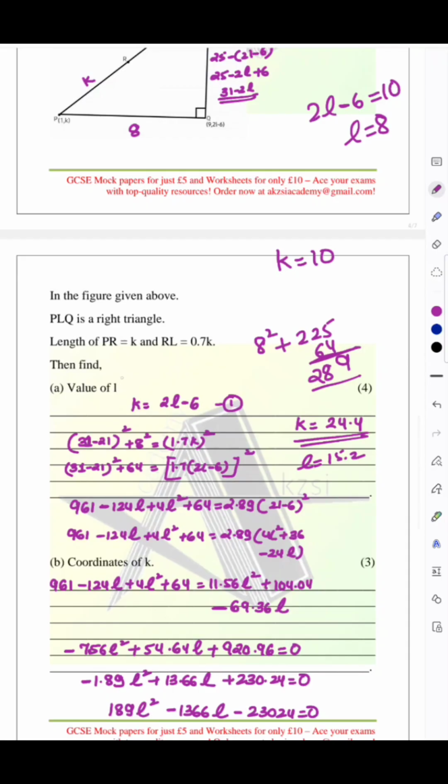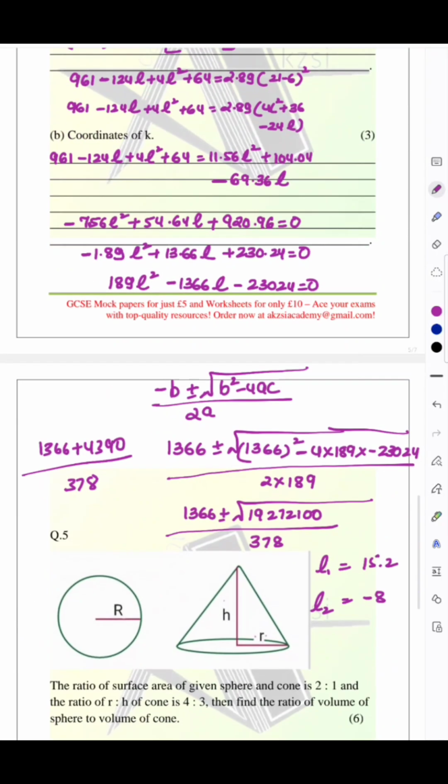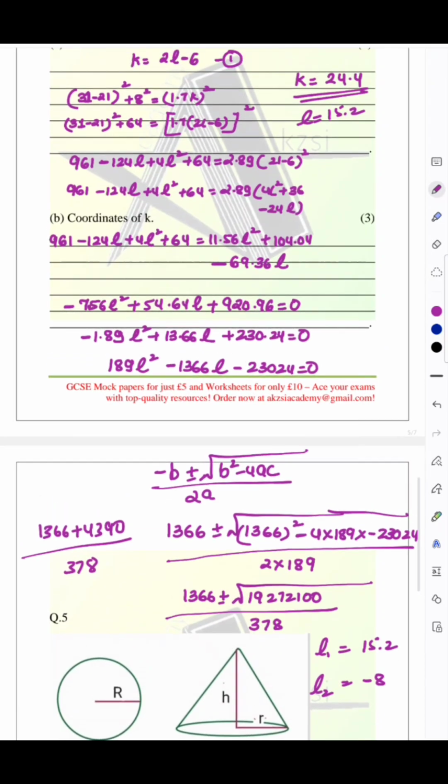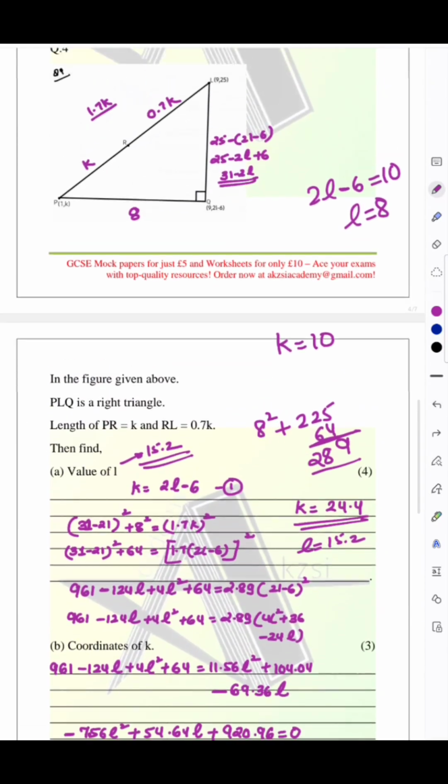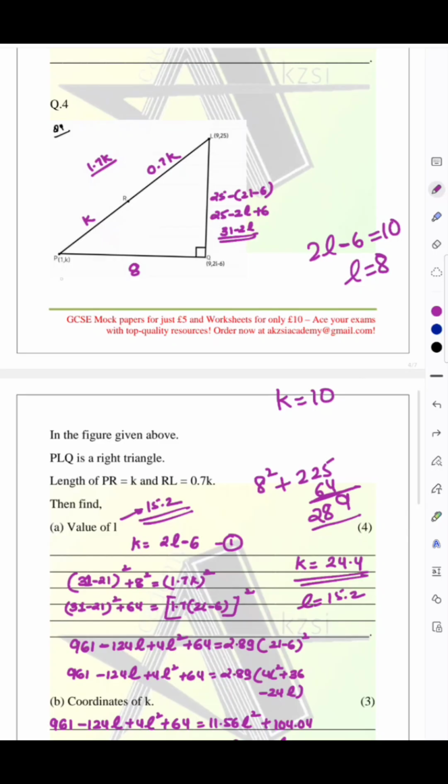So what's the value of L? It's 15.2 that we have to select. And what's the value of k, which is in part B, coordinates of k? They are asking for the coordinates containing the value of k, which is clearly 24.4, we have calculated.